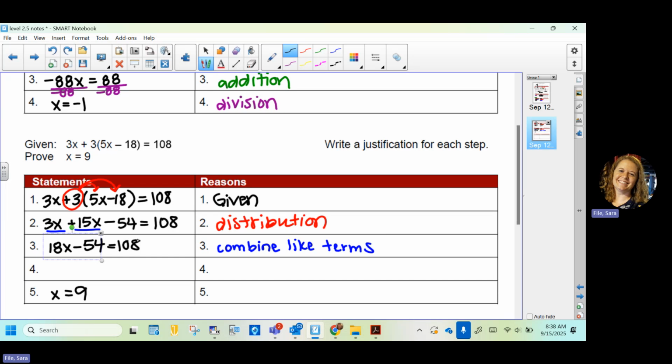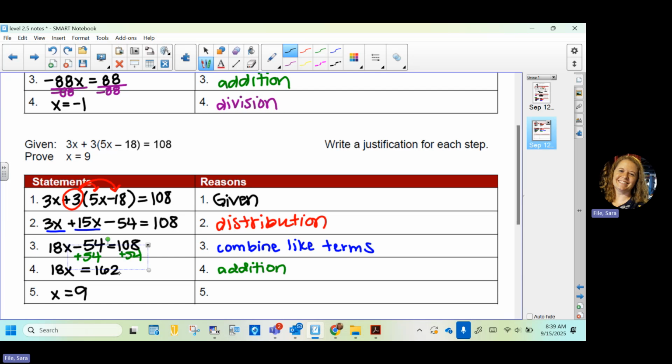So now I'm ready to start moving terms. What am I going to move? Yeah, I'm going to add 54 because that's the opposite. So this is the addition property of equality, which is going to leave me with 18x equals 108 plus 54, which is 162.